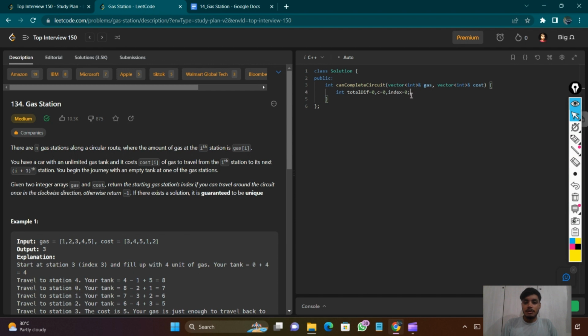Now let's try to run the for loop. Print I equals to 0, I less than, and one thing also we have to take. Let's take L equals to gas dot size. You can also take cost dot size because the length is going to be the same.